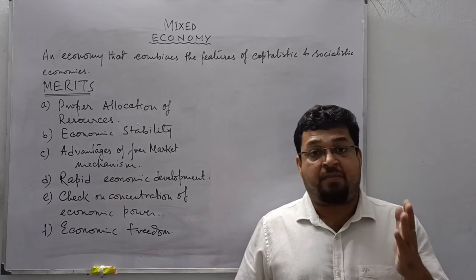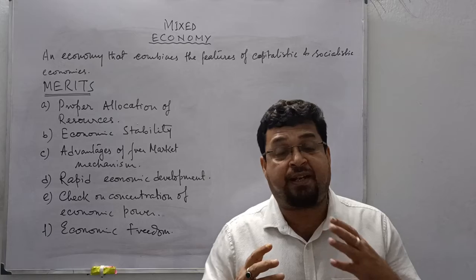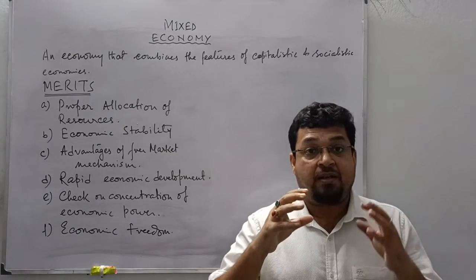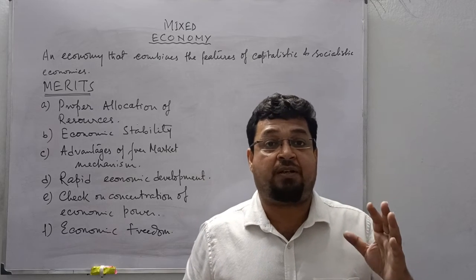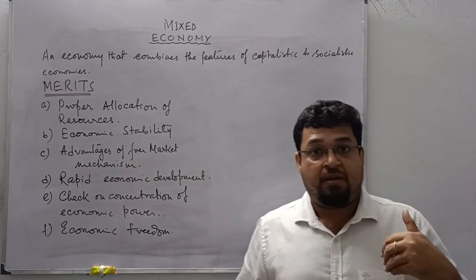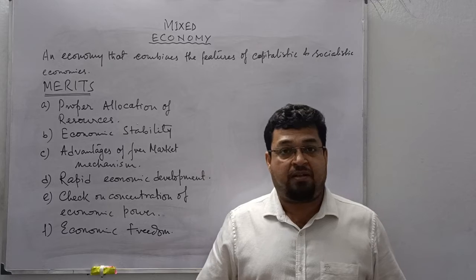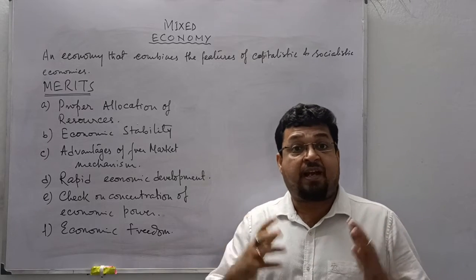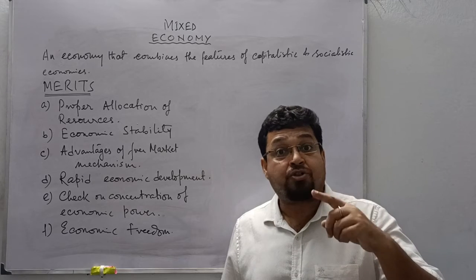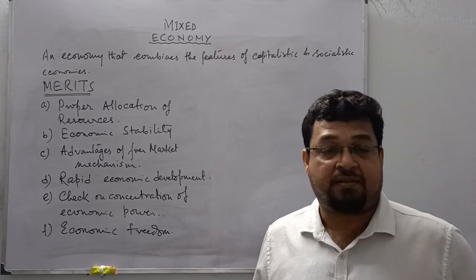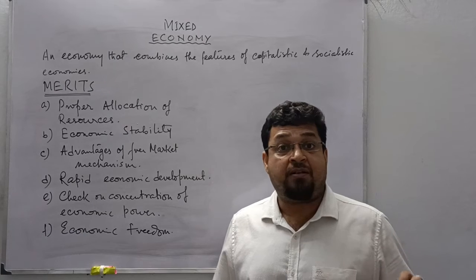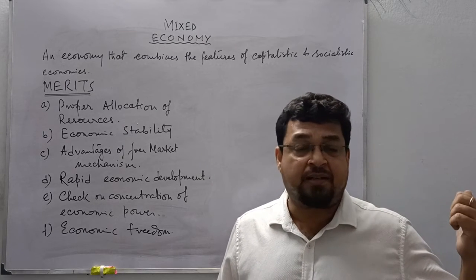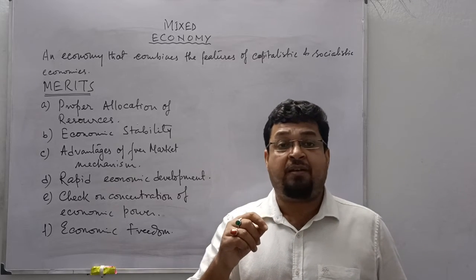The forces of demand and supply get automatically adjusted in the market, and if there is instability in the economy, then stability is again achieved by the automatic adjustments in the market. If it's a very critical situation, then the government may intervene.